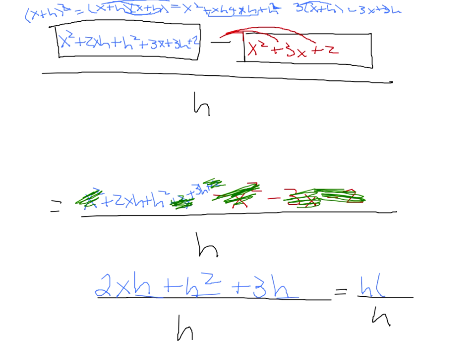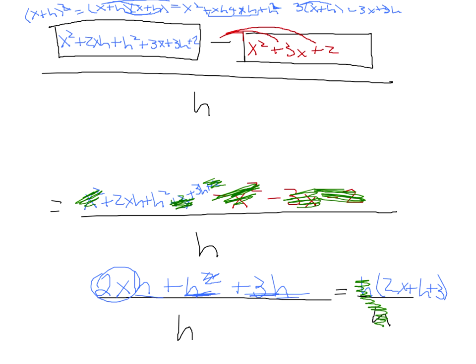So h, and what's left behind here is 2x. This h squared, so I'm left with an h, and then pull the h out, and I got a 3. Okay, and now I got an h times something on top and an h on bottom, and so those are going to cancel out.